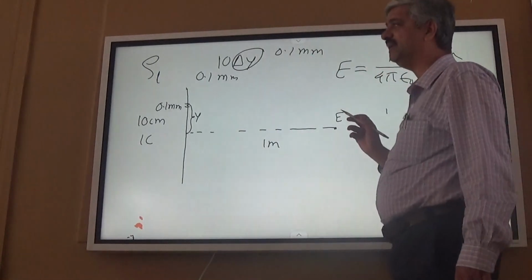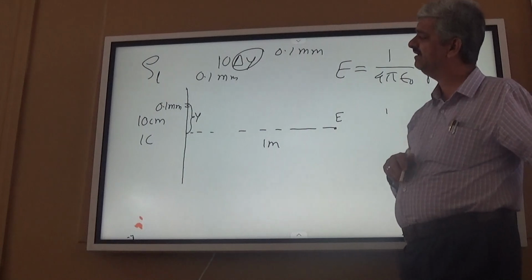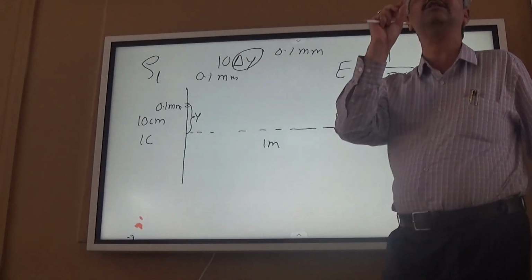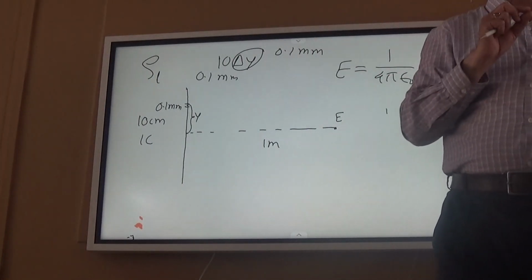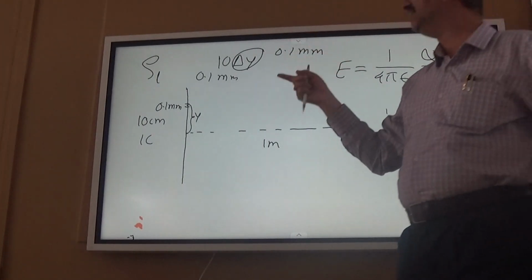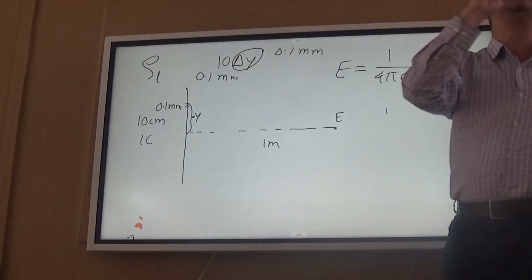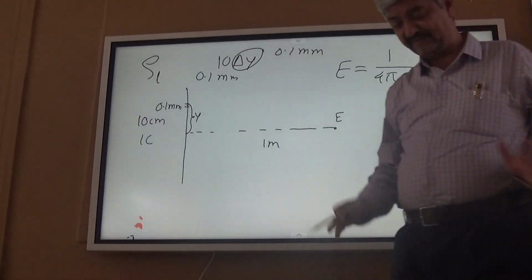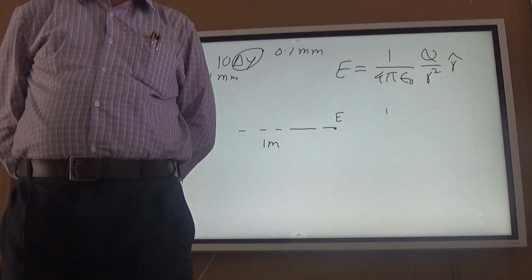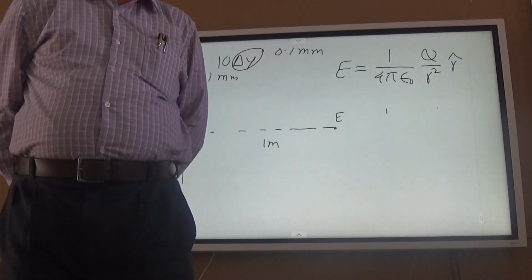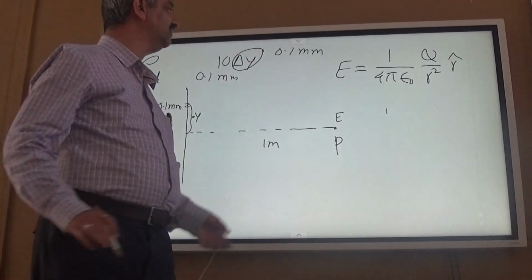When I am computing the electric field at this point E, what I can say, a small segment of delta y equal to 0.1 millimeter at a distance y from the center, how will I calculate? Okay, now, I will not give the direct answer. Calculate the electric field E at the point P, which is the question.